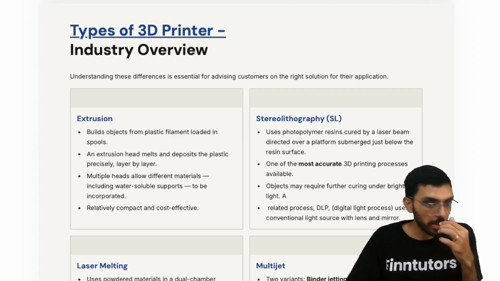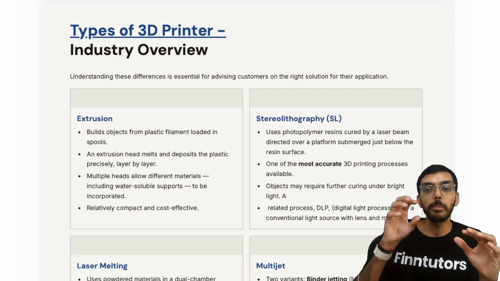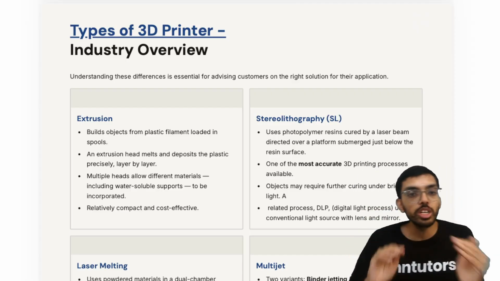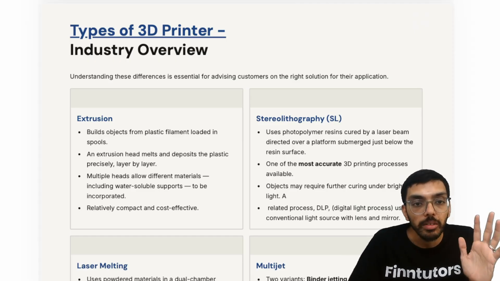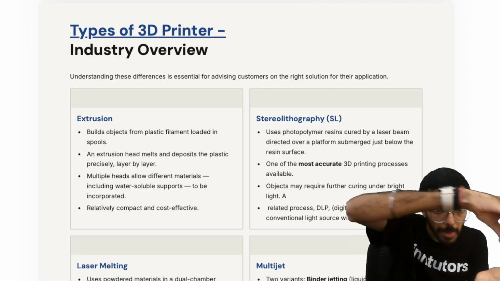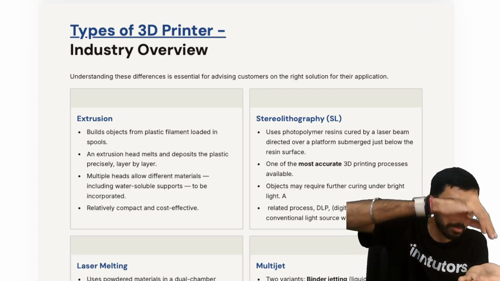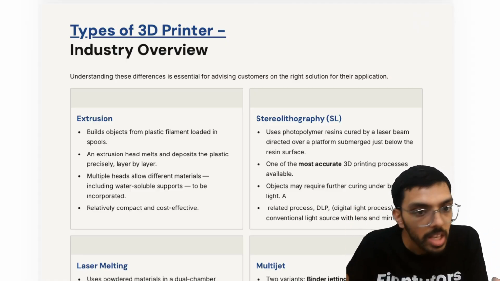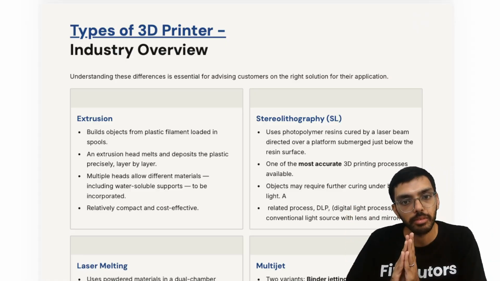This extrusion printer builds objects from plastic filament. So if you want a plastic final product, you can use the extrusion printer. How does it work? There's a head of the printer which melts and deposits the plastic precisely layer by layer by layer. It's compact and it's cost effective.